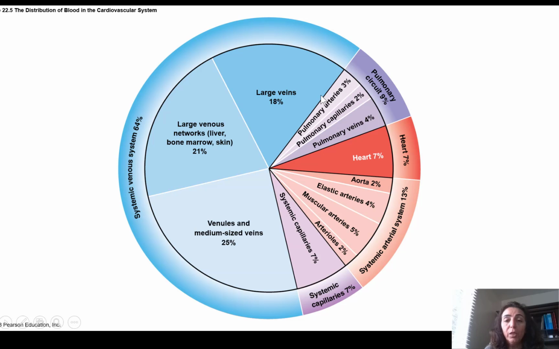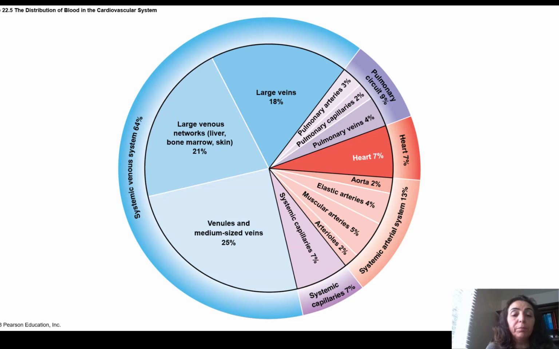Then the pulmonary circulation, all the arteries, capillaries and veins together, makes only 9% of the blood. The heart by itself has about 7% of the blood, and the systemic arterial system makes about 13%. If we count the heart as the arterial side too, it is about 20% compared to the 64%, right? And systemic capillaries make about 7% of the blood.